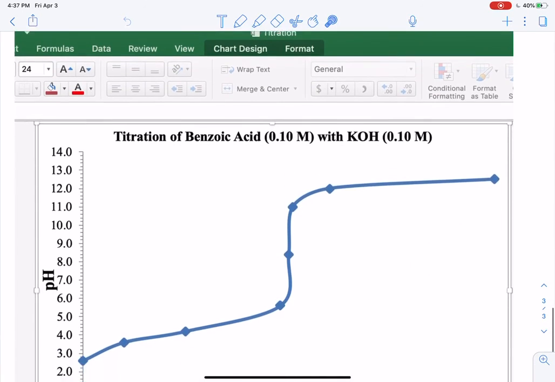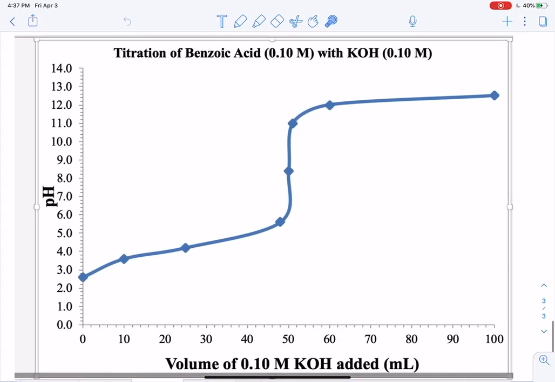And here is what my chart looks like for the titration of benzoic acid with potassium hydroxide, both 0.1 molar concentrations. So here I have my pH, and here I have the volume of 0.1 molar KOH that I have added. So there are several interesting points in this pH curve that you should be able to identify.